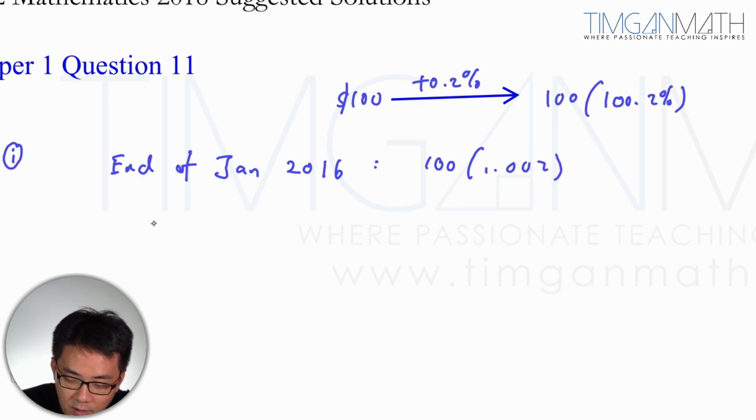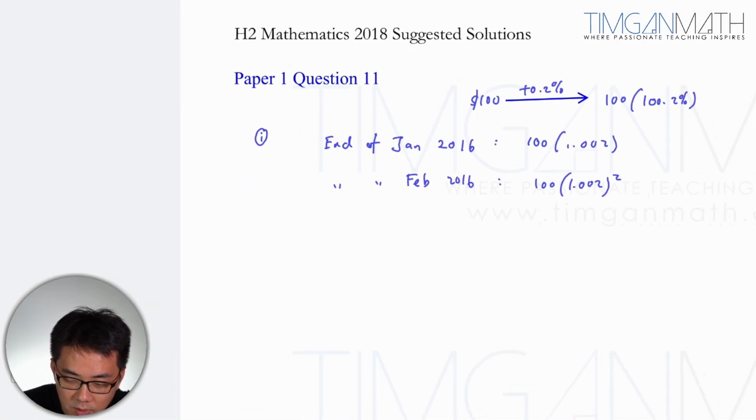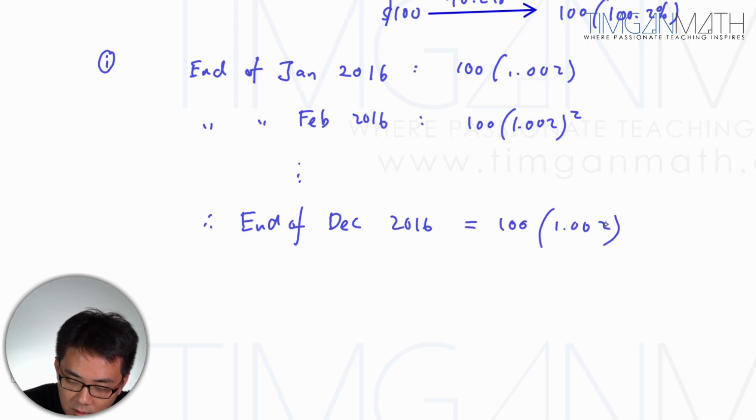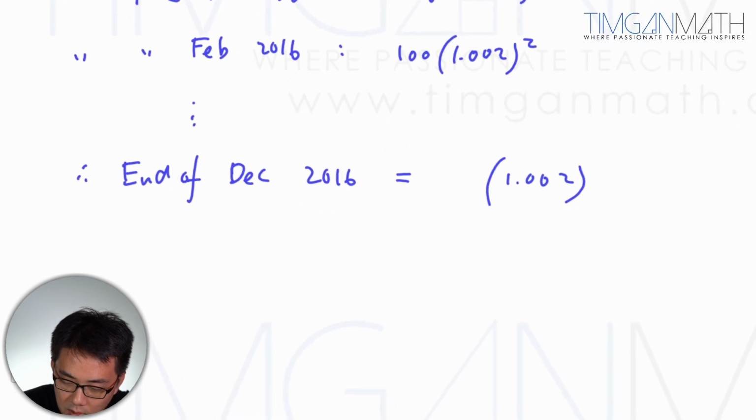Okay, end of February 2016 will be 100 times 1.002 squared, and so on. So hence end of December 2016, this will be 100 times 1.002 to the power of 12.